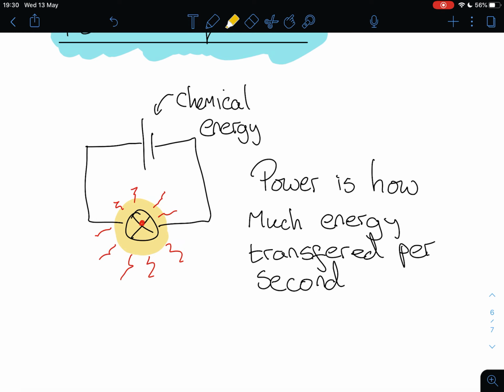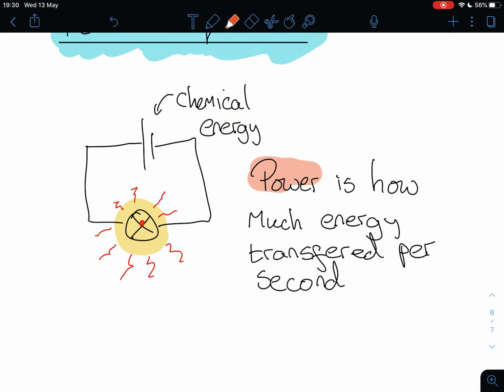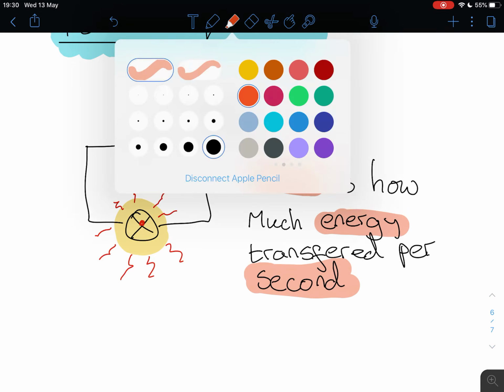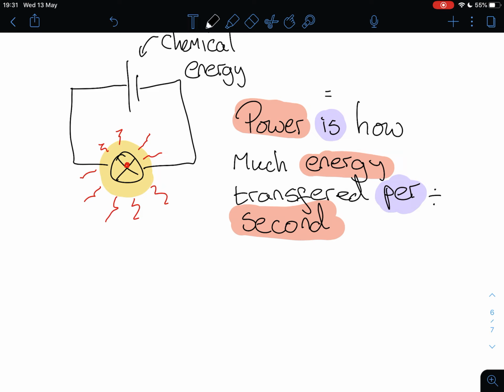And if you think about it, inherent in that description is pretty much the equation. Energy, second, and so three things: power, energy, and second. And then if I highlight these, is and per, well, they're mathematical. Is means equals, per means divide. So written in this sentence is actually the equation.